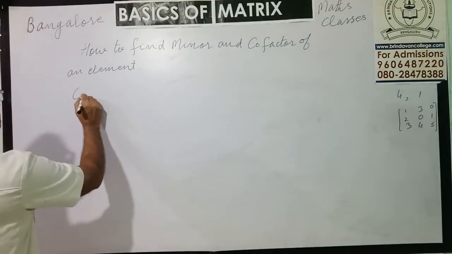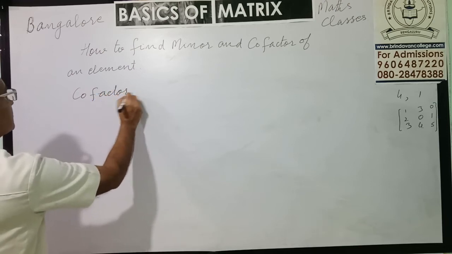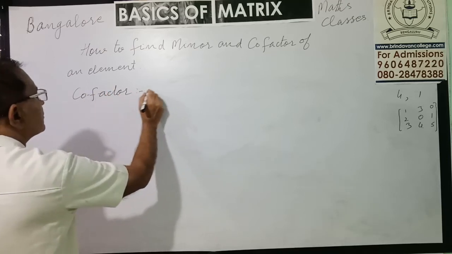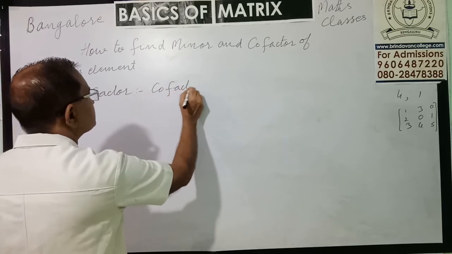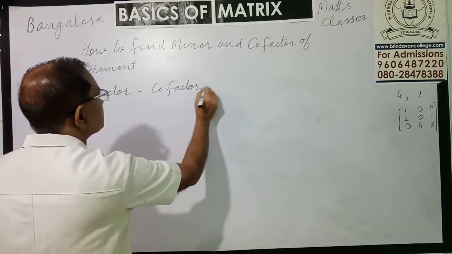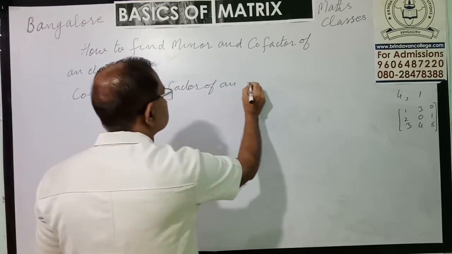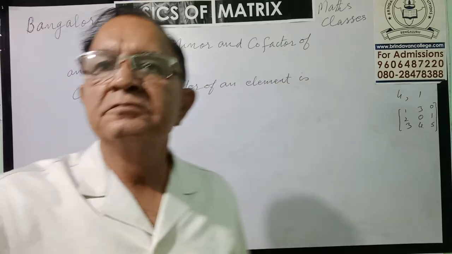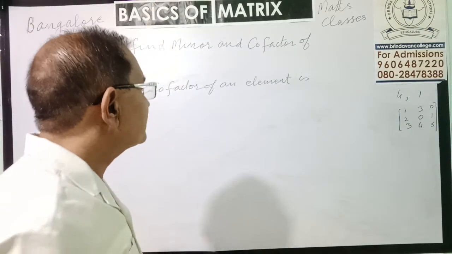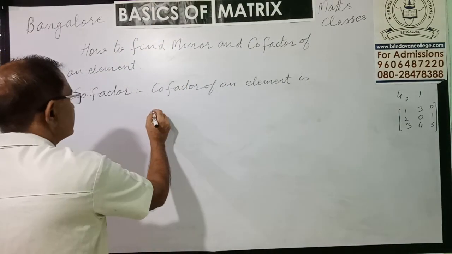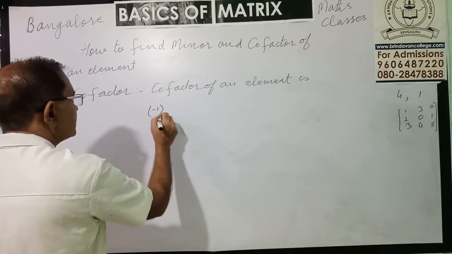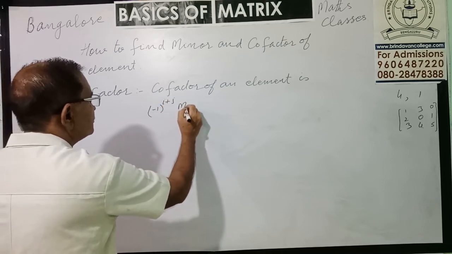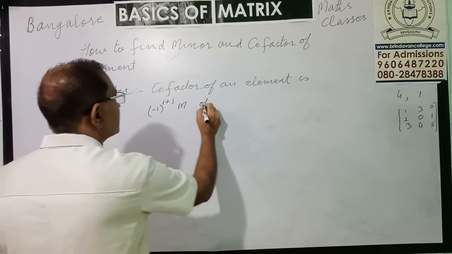Cofactor of an element is -1 power i plus j into minor of the element.